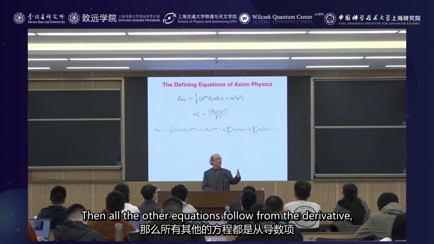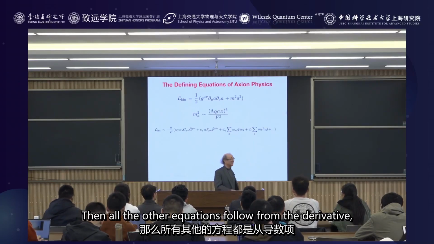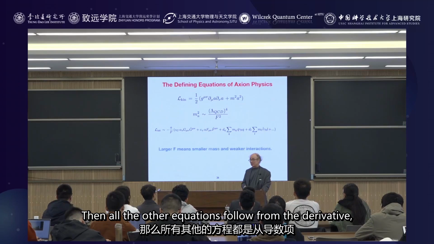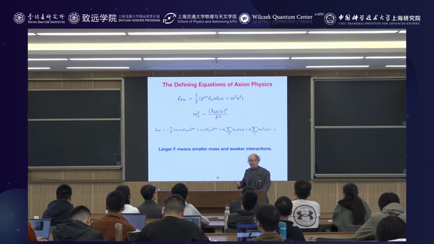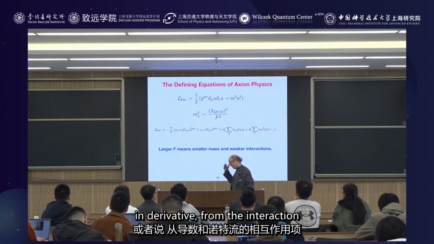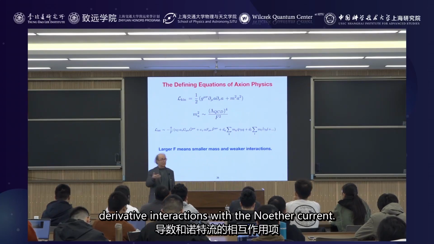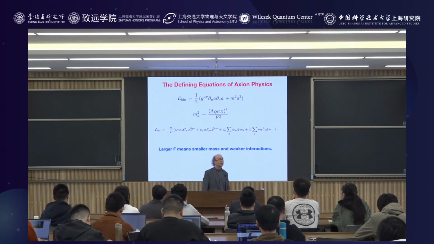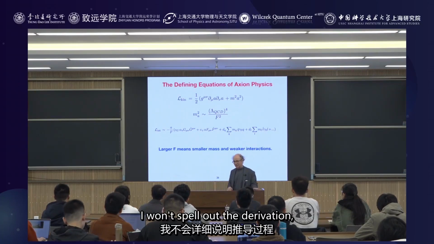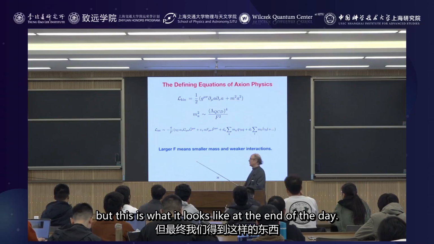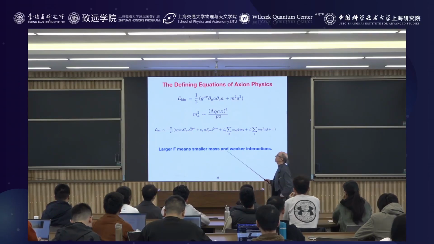And then all the other equations follow from the derivative interaction with the Noether current, derivative interactions with the Noether current. I won't spell out the derivations, but this is what it looks like at the end of the day.